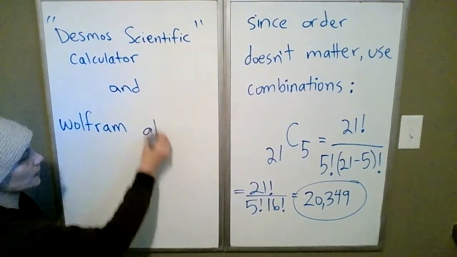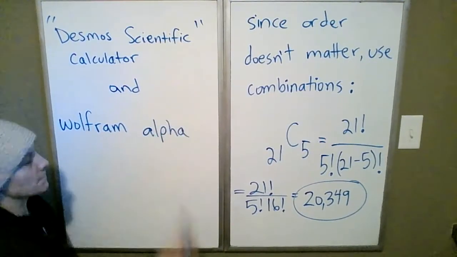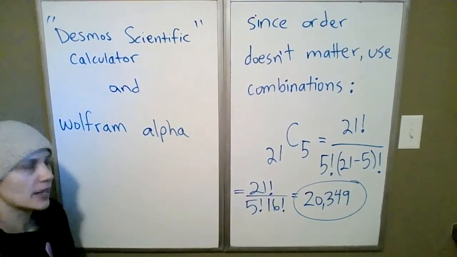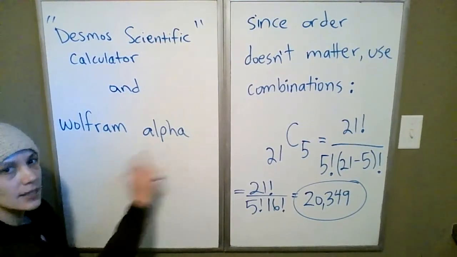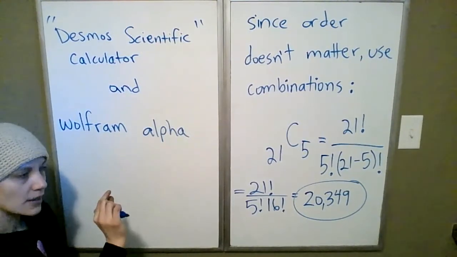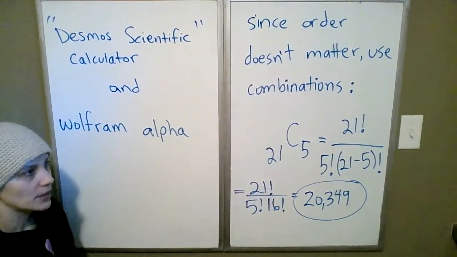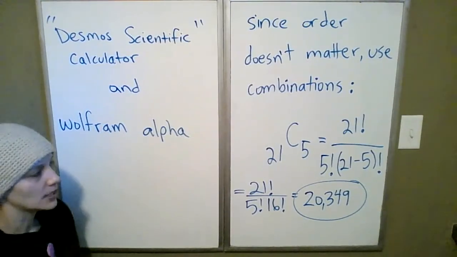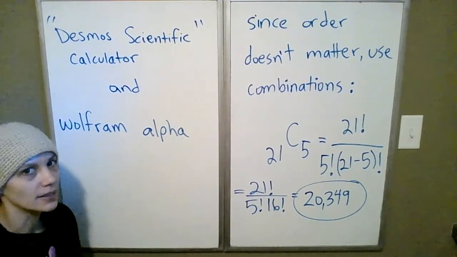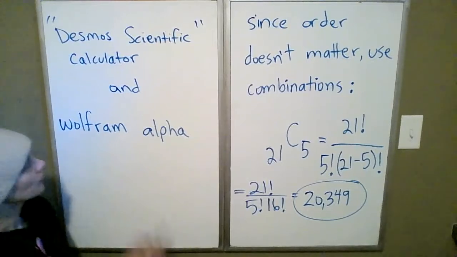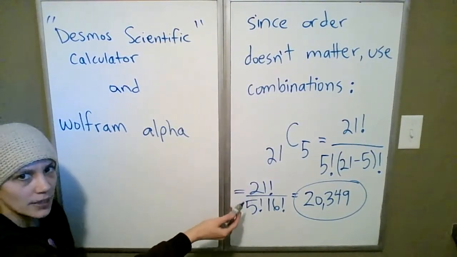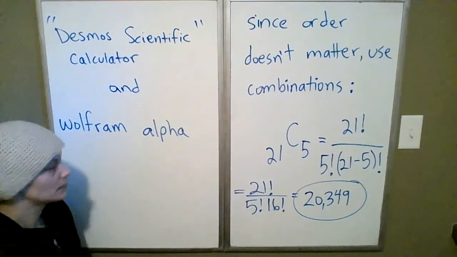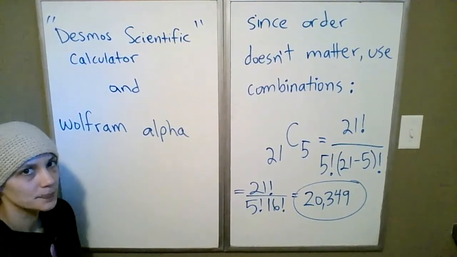I don't know if it also has calculator as part of the name, but if you go to Wolfram Alpha in the little search box on their site, you can type in almost any mathematical statement and it will give you all possible answers it can think of. Okay, or you can just try working everything out by hand using the formula.